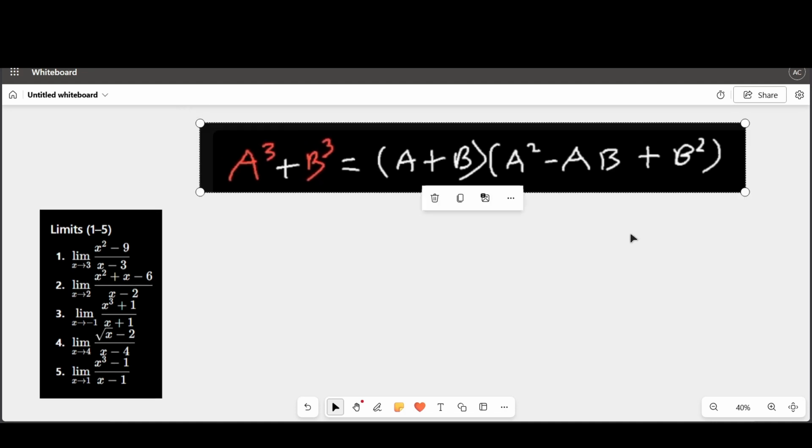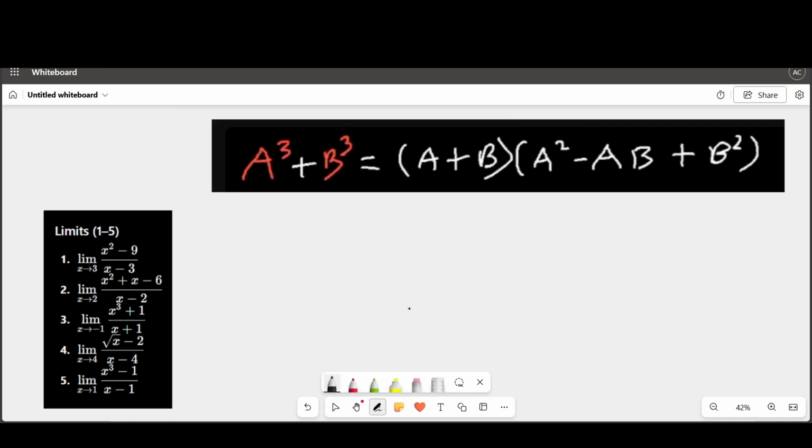All we need to do is substitute, okay? So we have x cubed here as a cubed. Then b cubed.